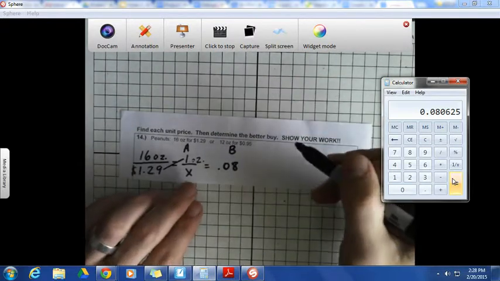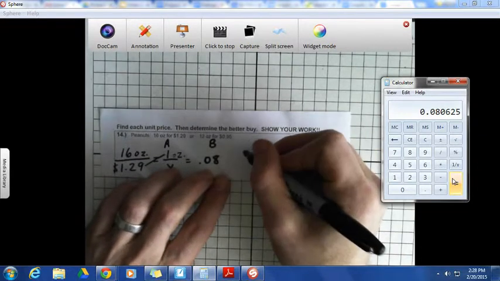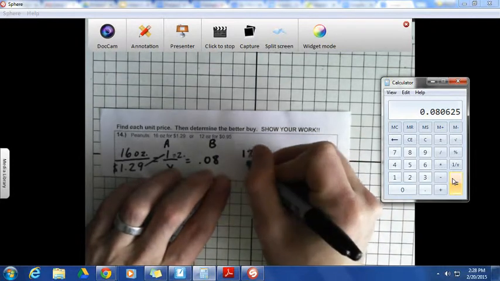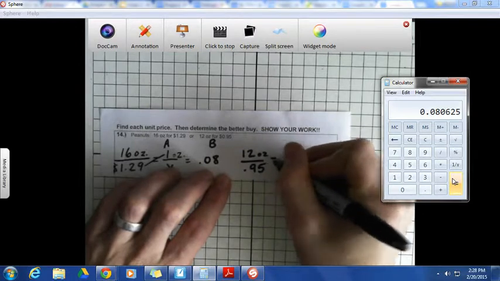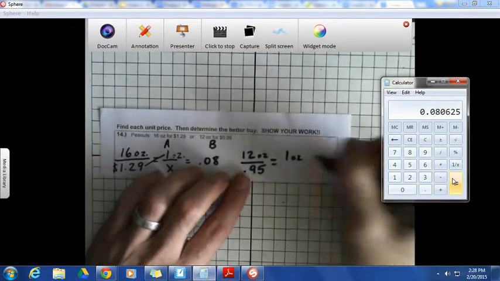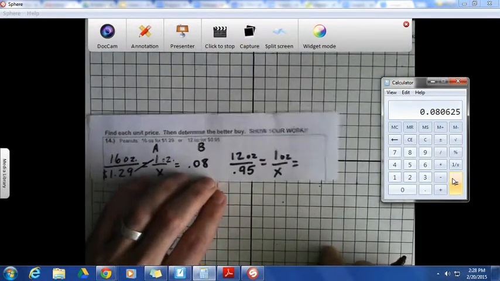For brand B, I'm going to set up a similar proportion. This time we have 12 ounces for 95 cents. So again, we're looking for how much 1 ounce costs. So 1 ounce costs how much? We'll do this the exact same way.